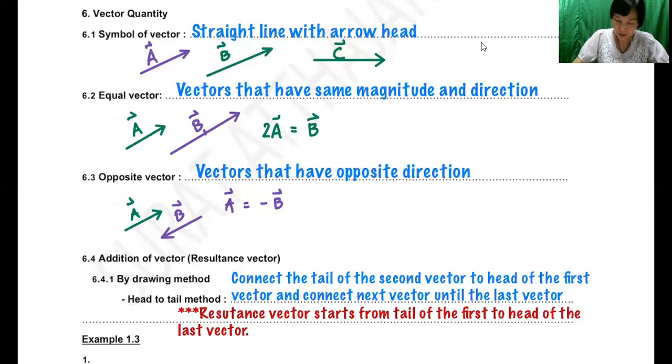Or if I draw another vector whose magnitude is twice that of A but in the opposite direction to A, okay, I call it vector C. In this case, I can summarize that vector C equals negative 2 times vector A, or negative C equals 2A.